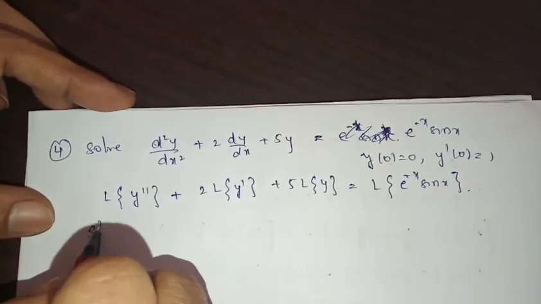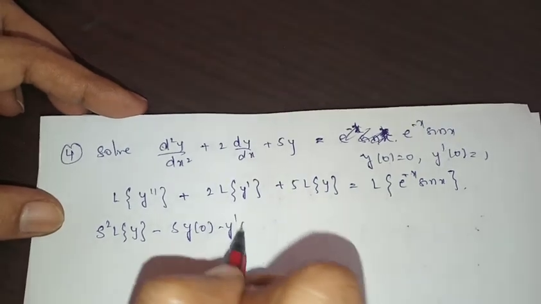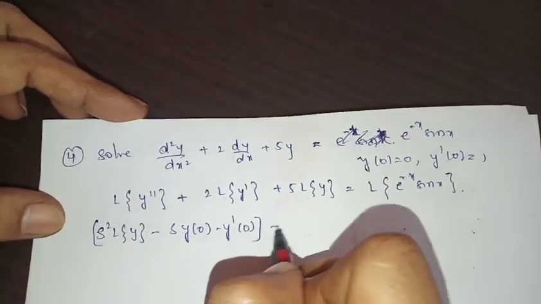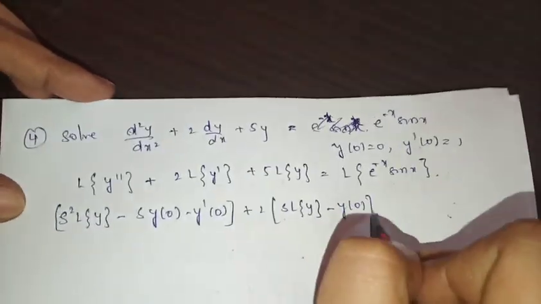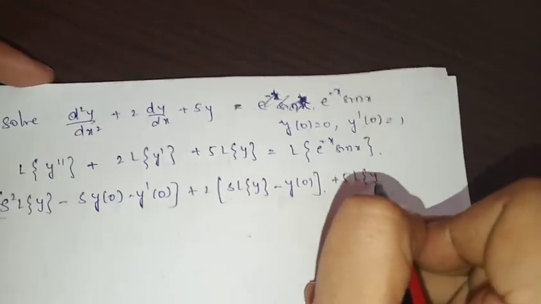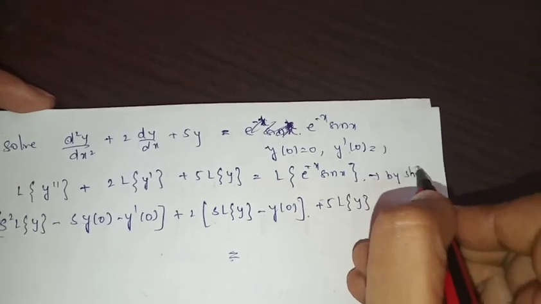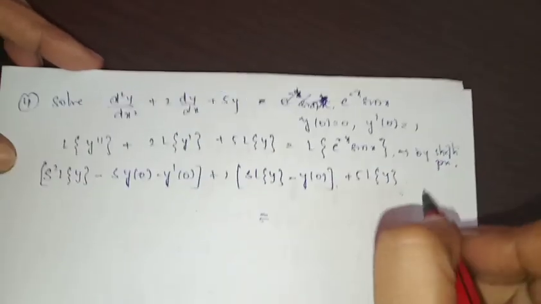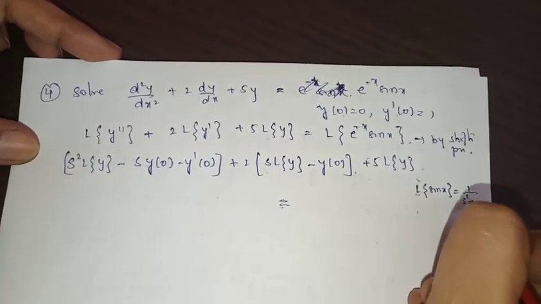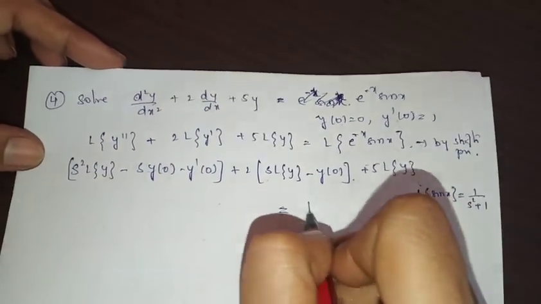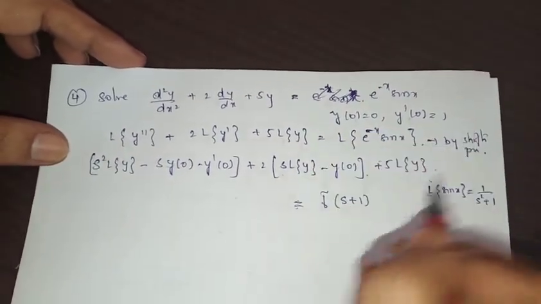So this is s square Laplace transform of y minus s into y of 0 minus y dash of 0, plus 2 times s into Laplace transform of y minus y of 0, plus 5 into Laplace transform of y is equal to, by the shifting property, Laplace transform of sin x is 1 by s square plus 1. So this is nothing but f bar of s plus 1, because here the coefficient of x is minus 1.